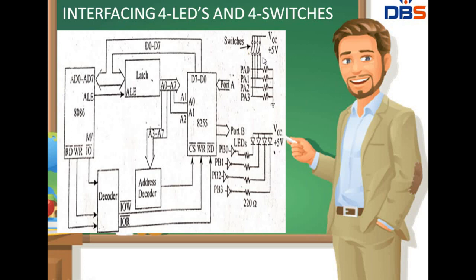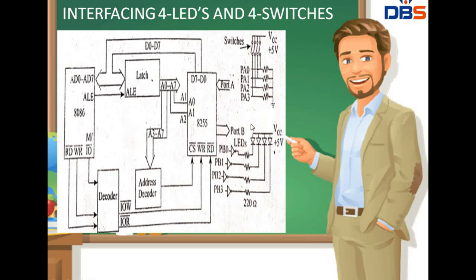Here we are giving the power supply, and these are the 4 LEDs we have taken. These are input ports and these are output ports. The lower order 4 bits of port B, acting as output of the 8255, are linked with the 4 LEDs via an inverter.